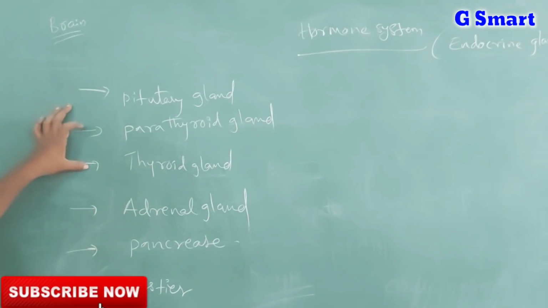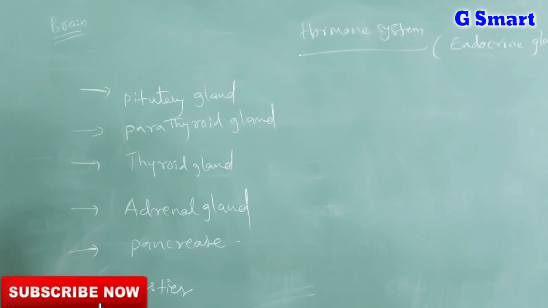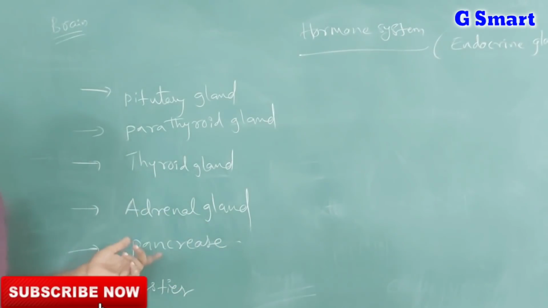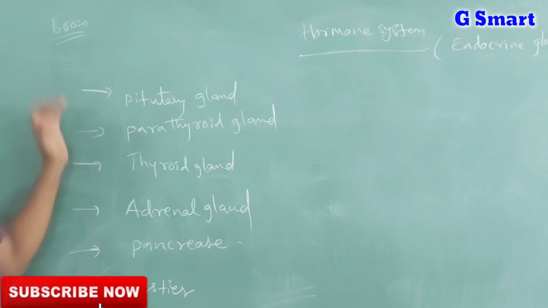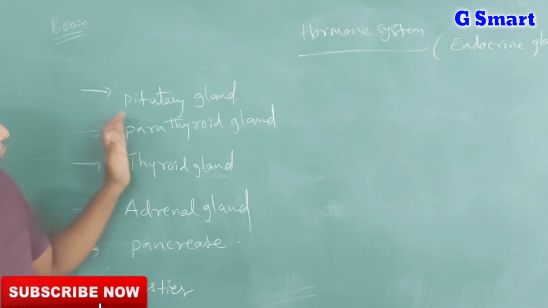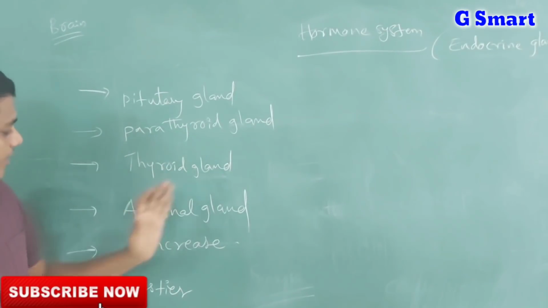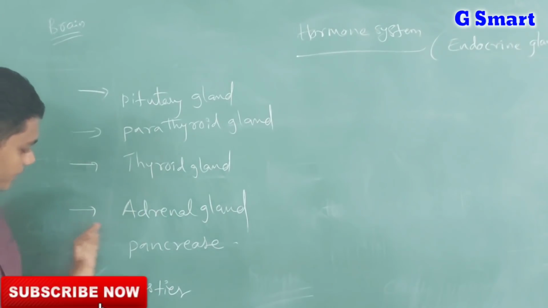Here we have 7 endocrine glands: pituitary gland, parathyroid gland, thyroid gland, adrenal gland, pancreas, testis, and ovary.